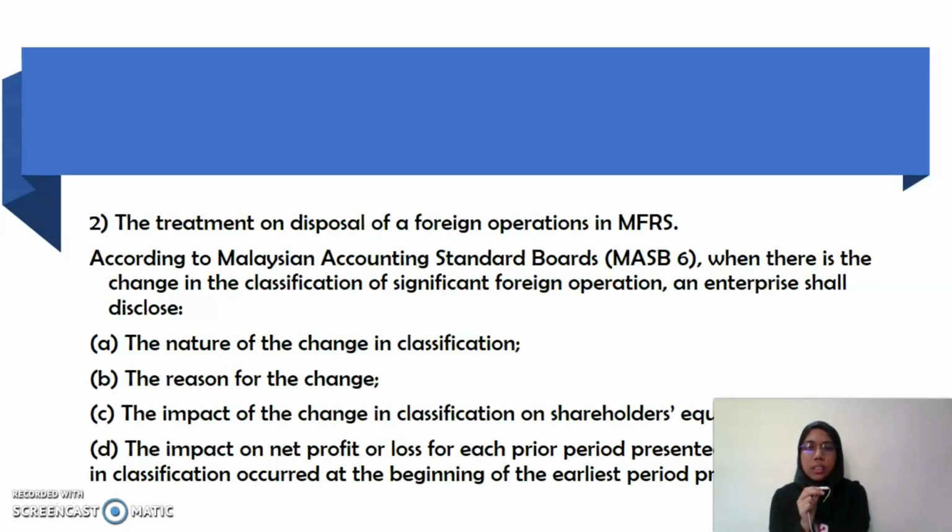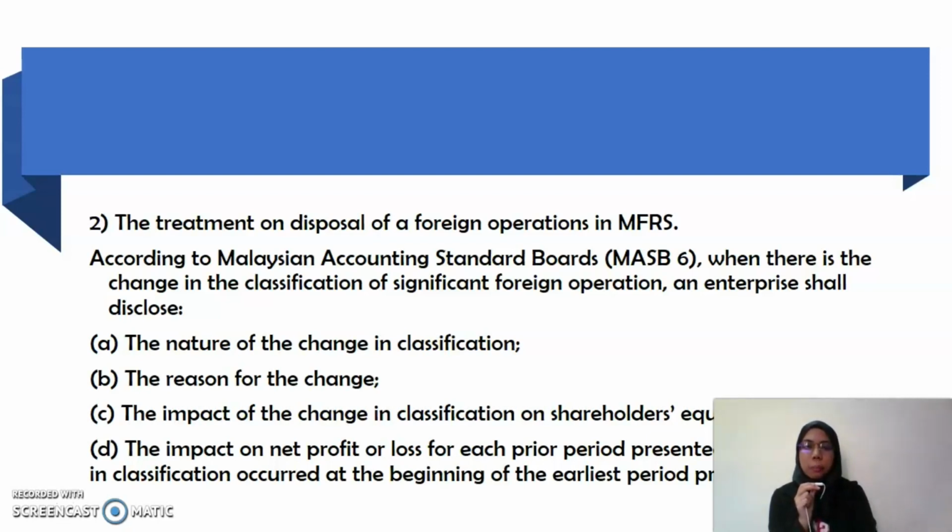So this is according to MASB 6, where there is a change in classification of a significant foreign operation, and the enterprise shall disclose the nature of the change in classification, the reason for the change, the impact of the change in reclassification of shareholders' equity, and the impact on net profit or loss for each period presented, had the change in classification occurred at the beginning of the earliest period presented.